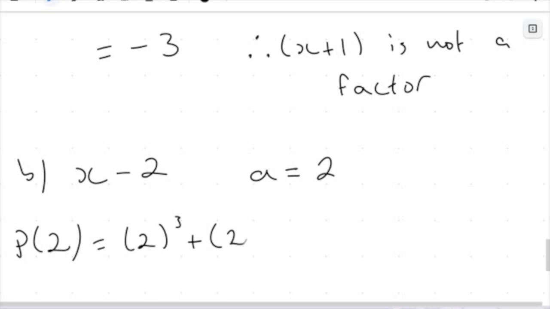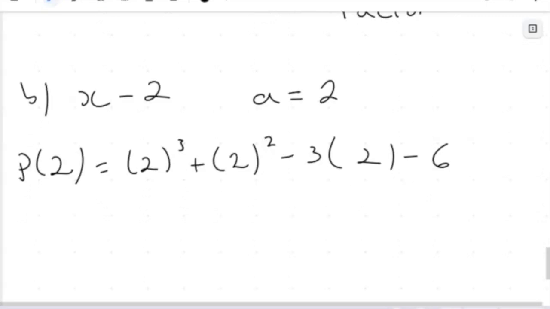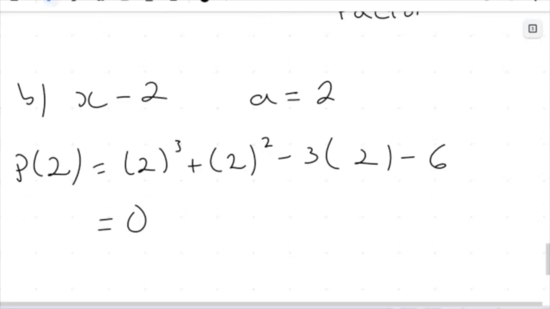So I get 2 cubed plus 2 squared minus 3 times 2 minus 6. And once I put this in, that's going to give me 0. So we can say, therefore, x minus 2 is a factor.